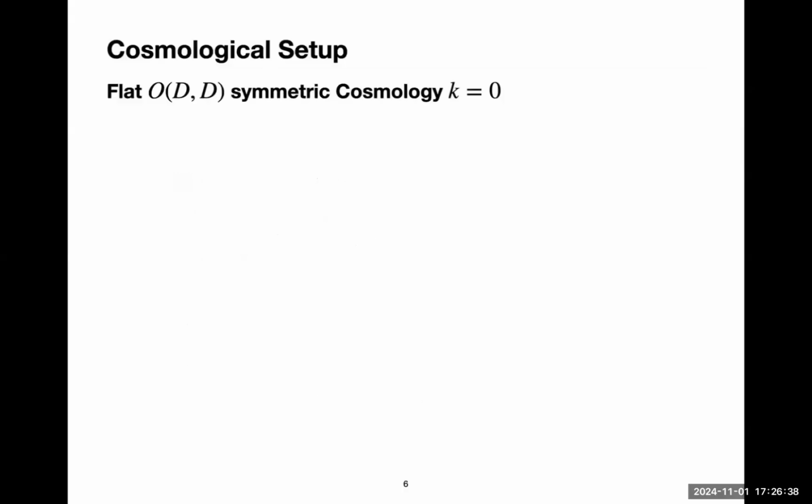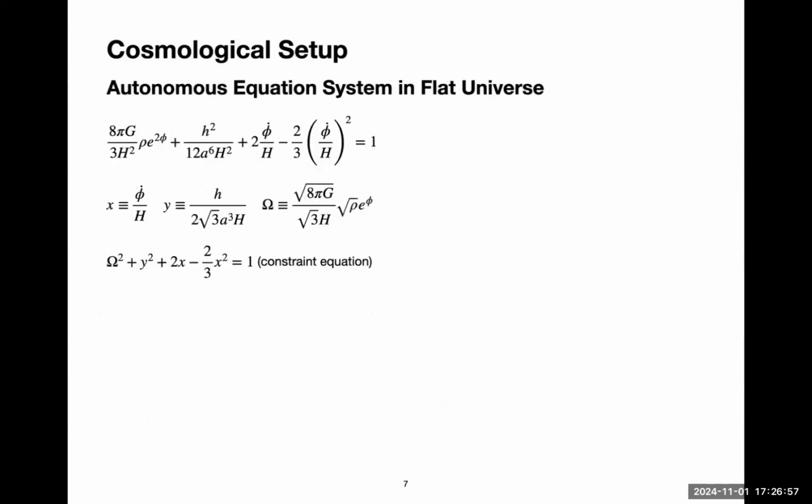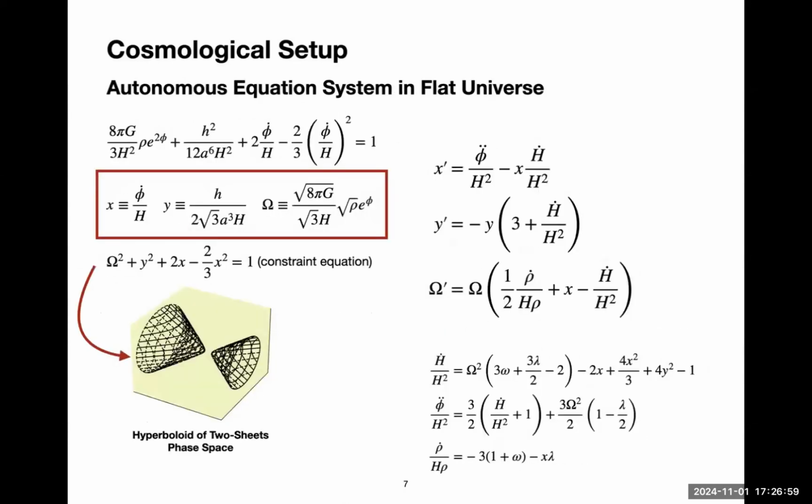Sorry, I didn't quite hear the question. Apologies. Can you please repeat that? I'm just saying that if you consider the full model without simplifications, the equations are still autonomous, right? In the autonomous equation system, we didn't do any simplification.